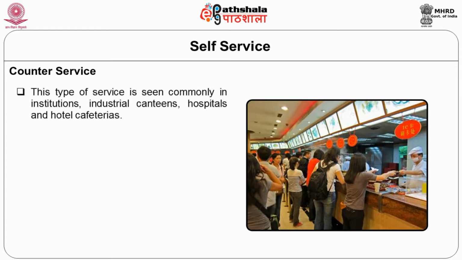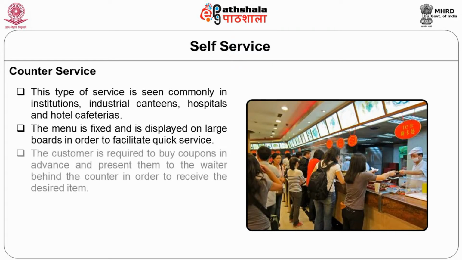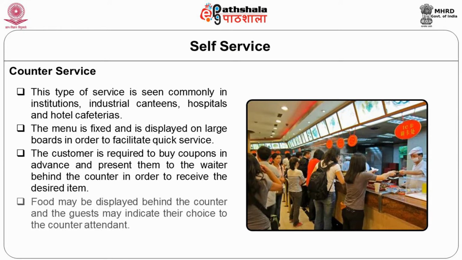This type of service is seen commonly in institutions, industrial canteens, hospitals and hotel cafeterias. The menu is fixed and displayed on large boards in order to facilitate quick service. The customer is required to buy coupons in advance and present them to the waiter behind the counter in order to receive the desired item.